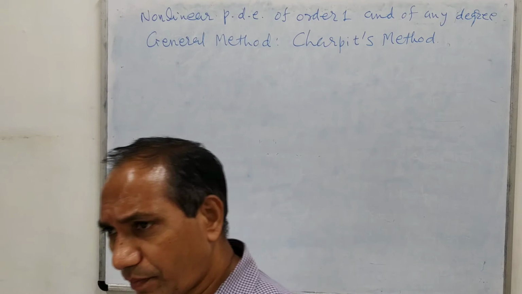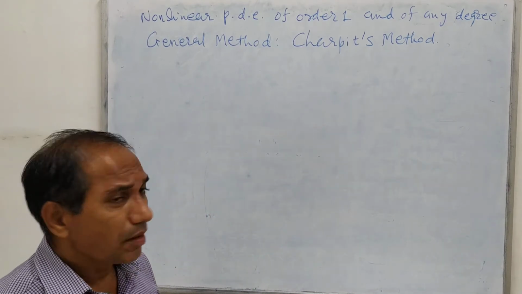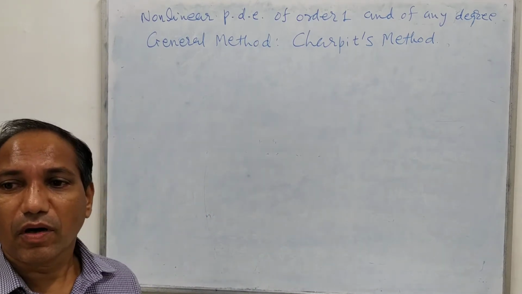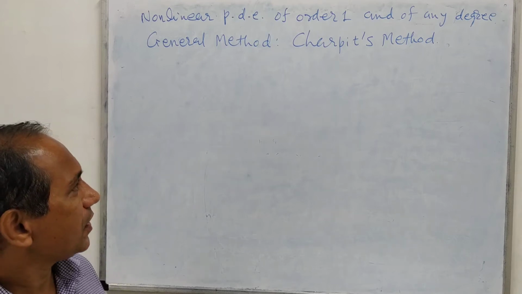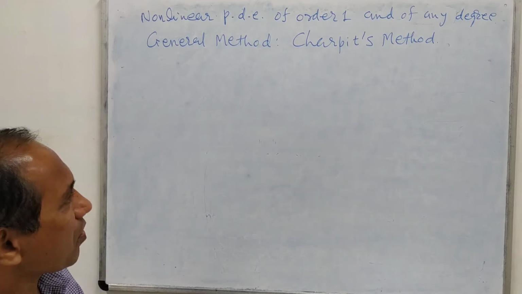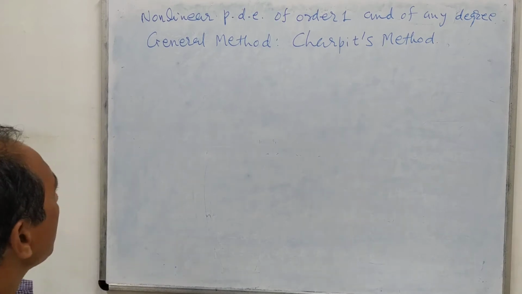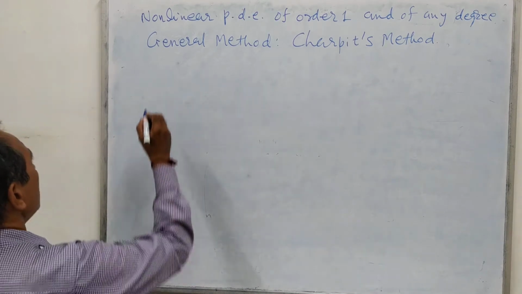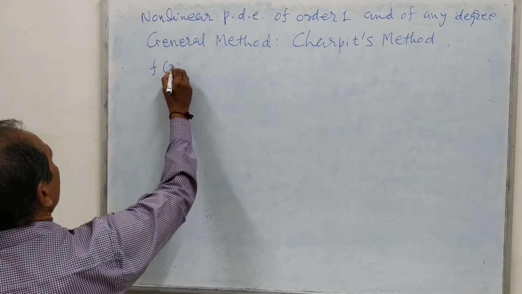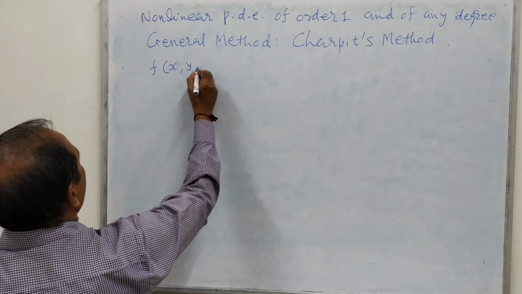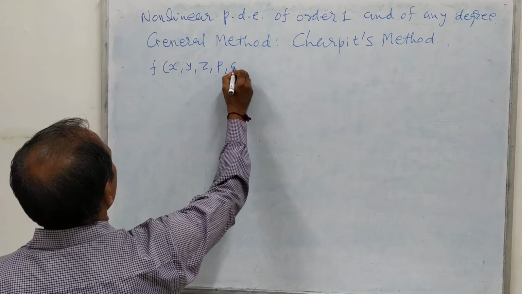But the formula based on Charpit's method is in a slightly complicated form, but it is not difficult to understand and to digest. Okay? So for that, we know that the partial differential equation may be given in this form.